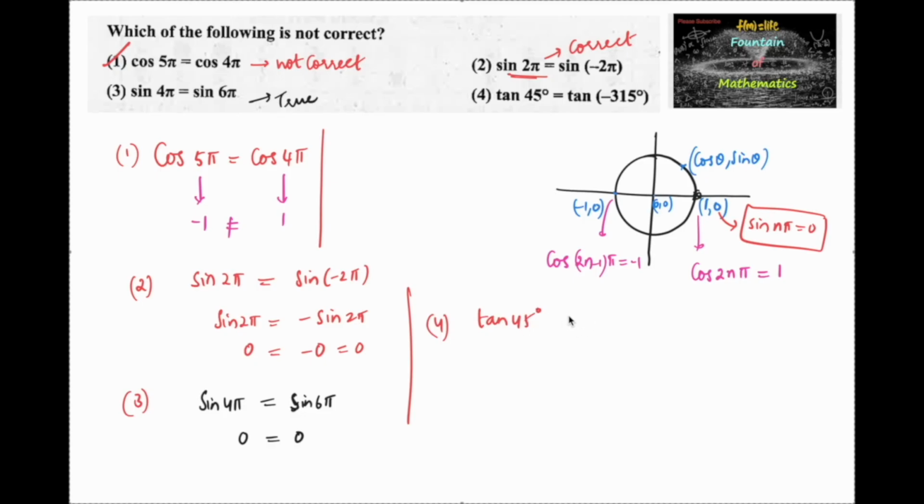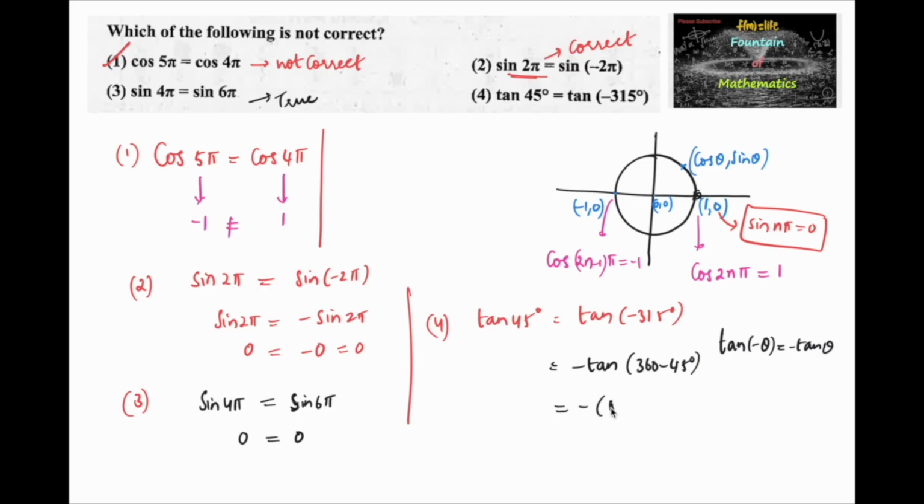tan 45 equals tan of negative 315. We know that tan of negative theta is equal to minus tan theta. So we can write minus tan 315 degrees, and 315 we can write as 360 minus 45. And also tan of 360 minus theta is in the fourth quadrant, negative.